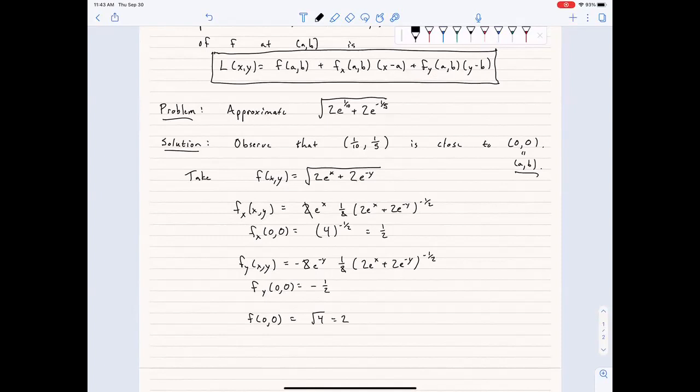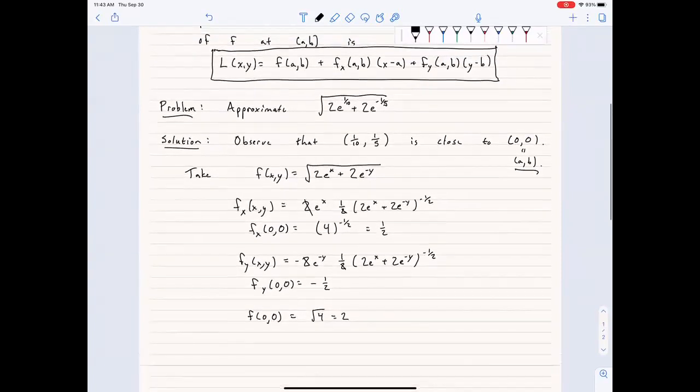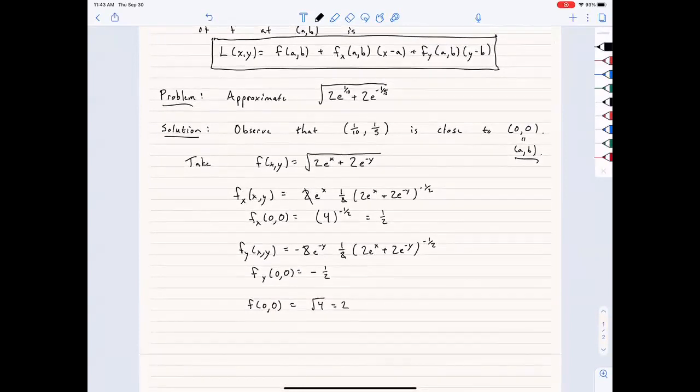Once I have them, I can form the function, which is the linear approximation. So L(x, y) in this case is going to be f(0, 0). I'm just going to put in the formula, and then we'll substitute the values.